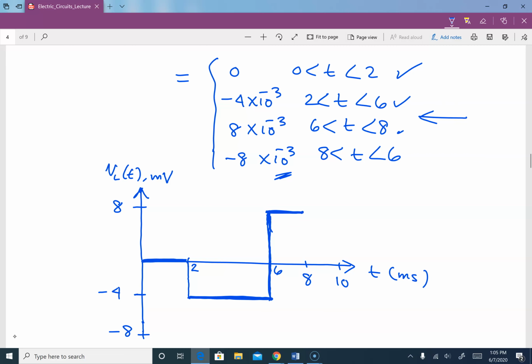So 6 to 8 is 8. And then from 8 to 10, negative 8.